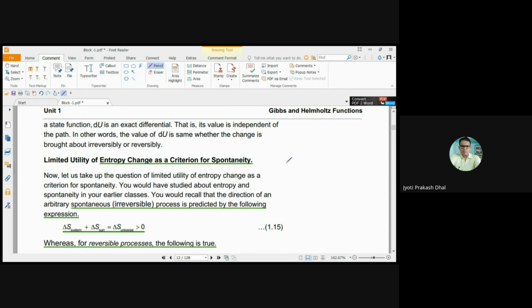So we will discuss two other functions that will perfectly explain the criteria for spontaneity of any process.